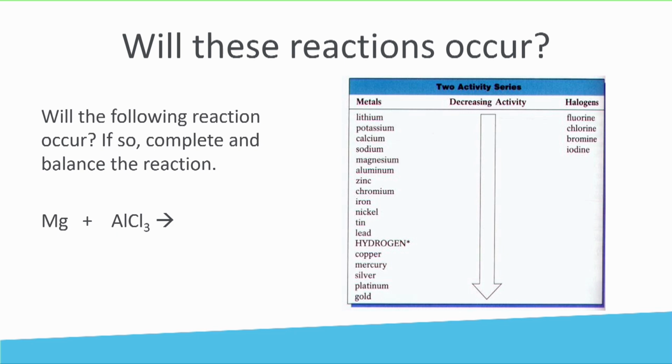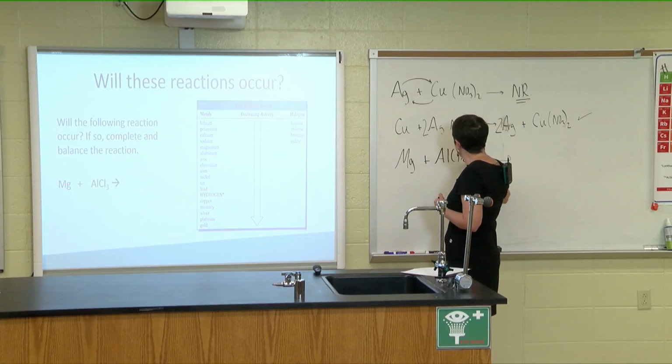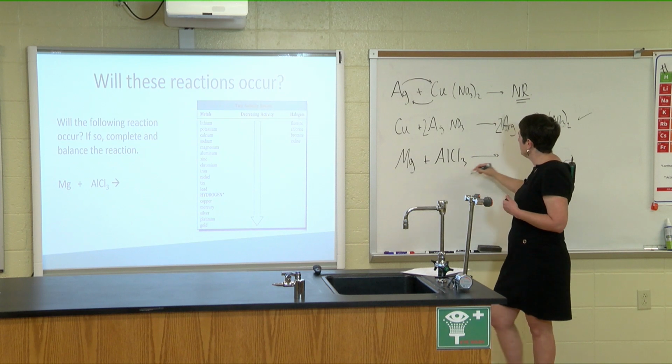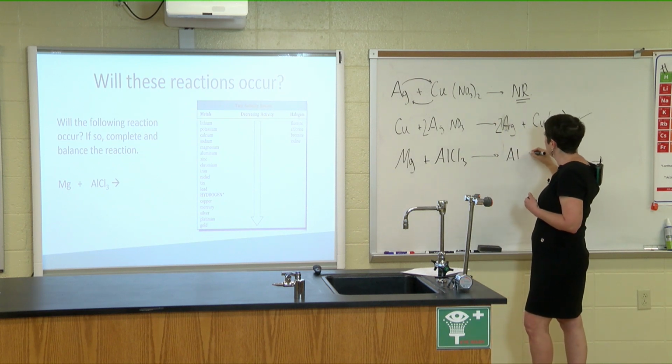What that would look like, and whenever you do these, you want to make sure you have your periodic table available, simply so you can look at it and get your oxidation numbers. All right, so aluminum chloride, the magnesium is going to come in and kick out the aluminum, so the aluminum will become a solid.